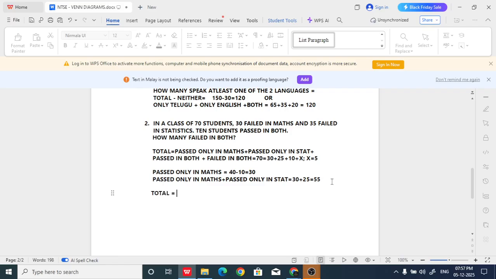Because they have given failed everywhere, total is 70, which equals people who failed only in maths, plus failed only in statistics, plus failed in both, and neither. I mean passed in both actually. Neither means passed in both.